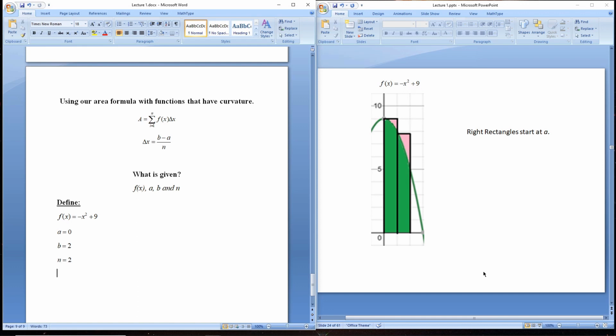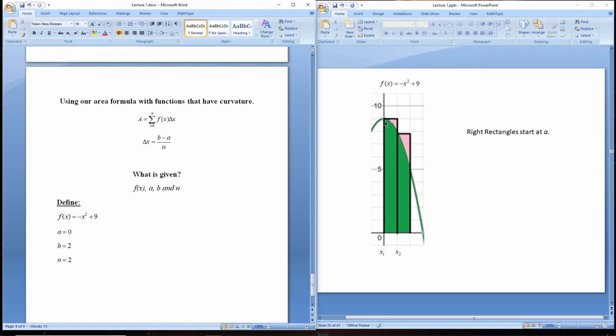And it's important to remember, right rectangles always start at a. In other words, our right rectangles always start at our beginning point. And what we're going to need to do here is start labeling where these rectangles are starting. So you can see I'm going to start labeling these x1 and x2.